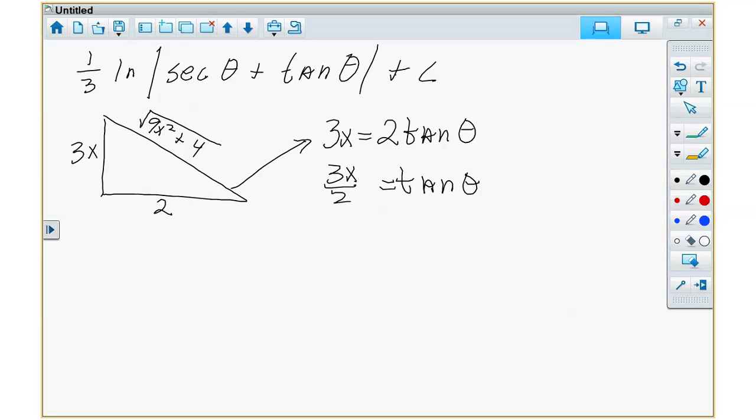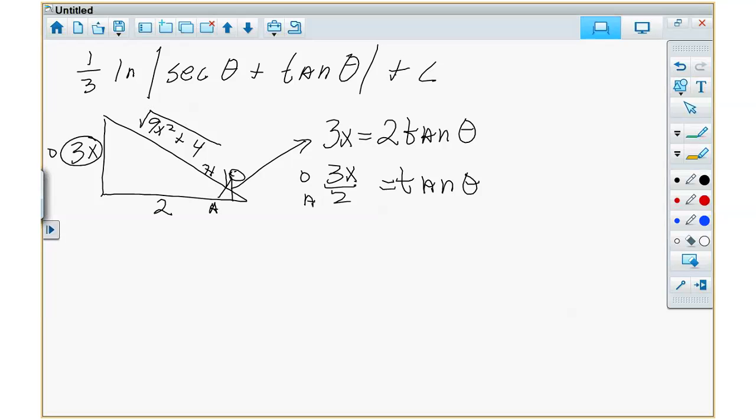Well, what is tangent from trig? Oscar had a hunk of apple: opposite over adjacent. Opposite, remember, is always the little man standing here, his foot is always on the hypotenuse, and the adjacent is always the other side.